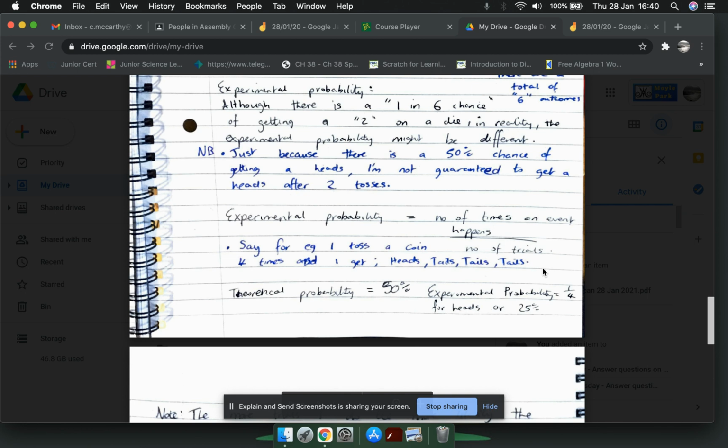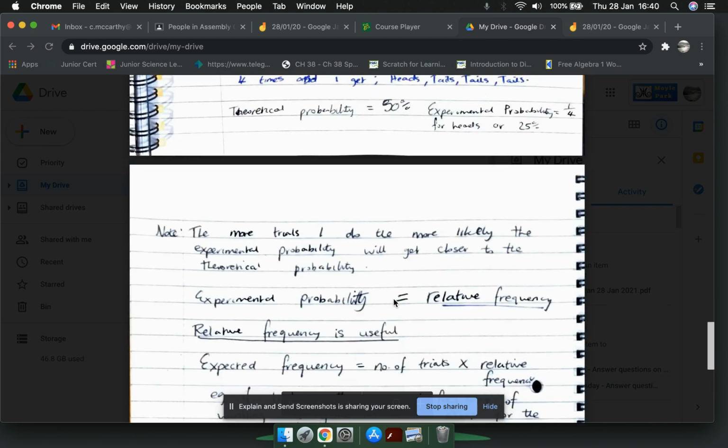That would be the experimental probability: the number of times the actual event happened, which is the times I've got a heads, over the number of trials, which is the number of times I've actually tossed the coin. That'd be 1 over 4, or 25%, whereas we know the theoretical probability is 50%.